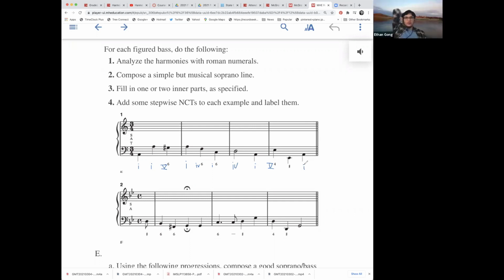I guess you could say that the 4-3 suspension there is basically a 6-4 cadential, right? Yes. But you're going to have the... Yeah. That's right.